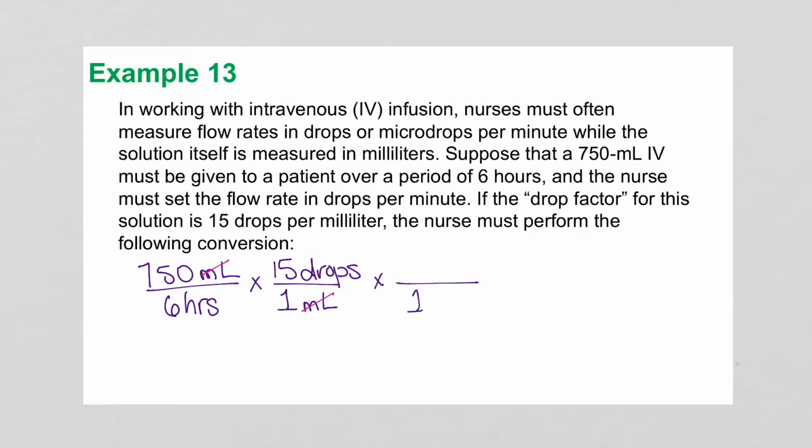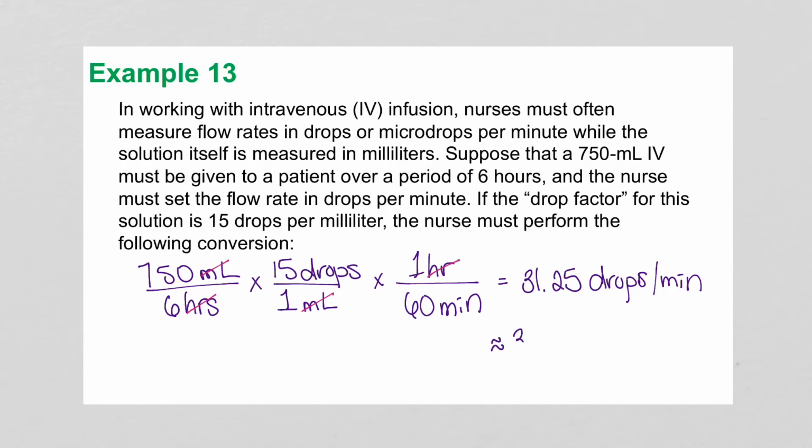In 1 hour, need to put that on the top, there are 60 minutes. So 750 times 15 divided by 60 would be 31.25 drops per minute. And for practical purposes, because it'd be really hard to have a quarter of a drop, we're going to round this down to 31 drops per minute.